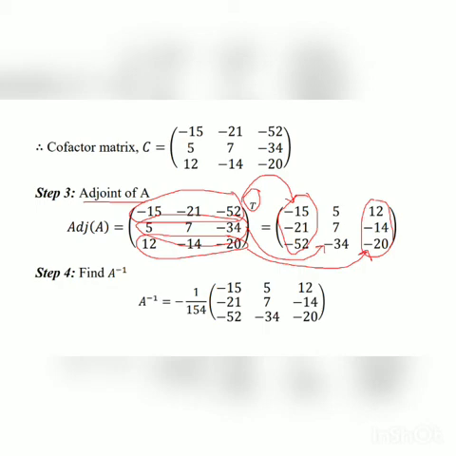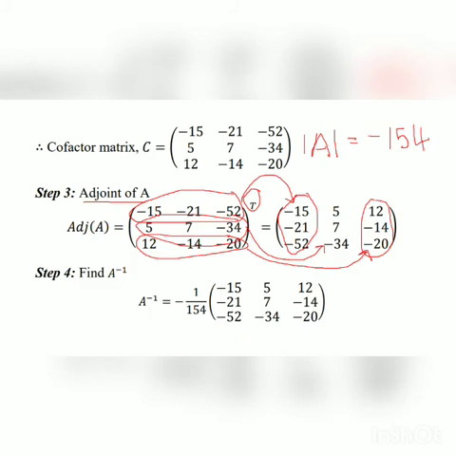Since we have the adjoint of A, which is this one, and also the determinant of A, which we already obtained previously, determinant of A equals negative 154.